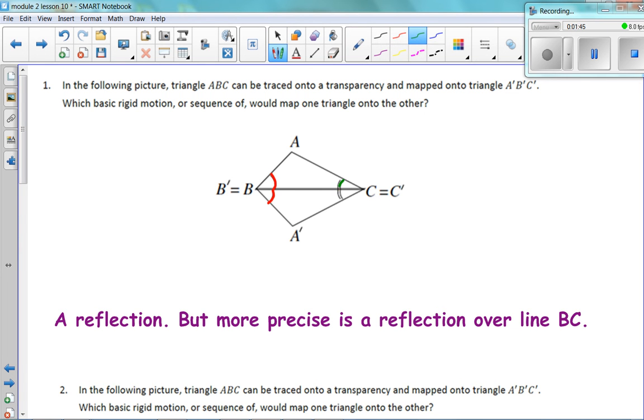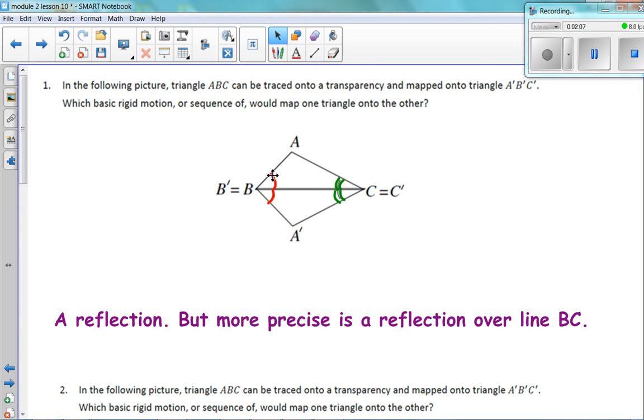Likewise, angle C and C prime are the same measurements, and that's delineated with 2 curve marks, because we don't know if B and C are the same measurement, but we do know that B and B prime are the same measurement, and C and C prime are the same. So B gets 1 curve mark, and C gets 2 curve marks.